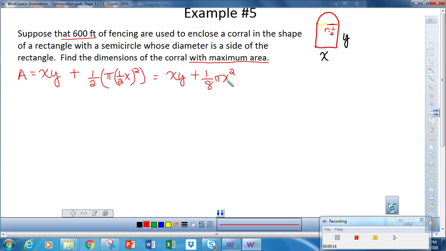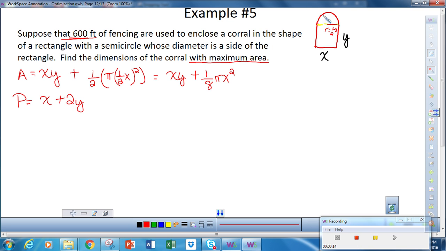Okay? So that is the area for the corral. Now, that's my primary equation. My secondary equation is given by the fact that the perimeter of this corral has to be 600. So the perimeter is going to be, for the rectangular part, x plus 2y.